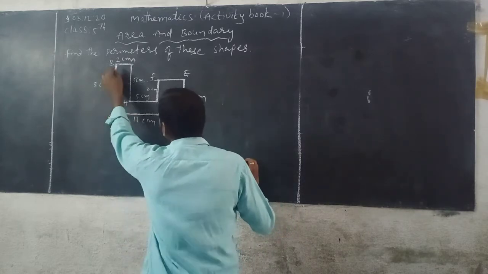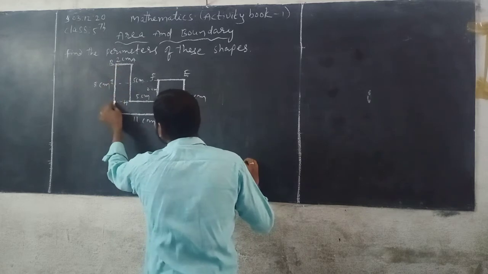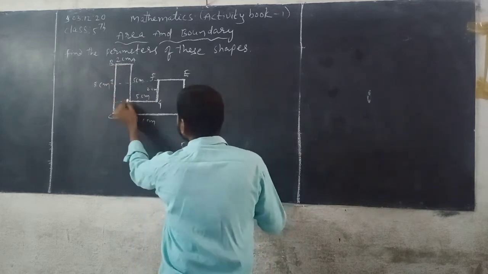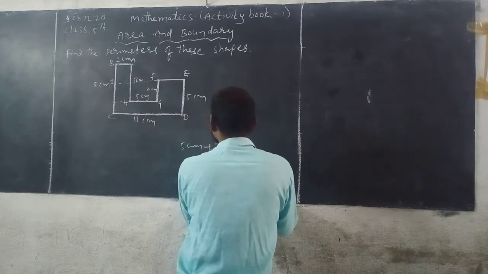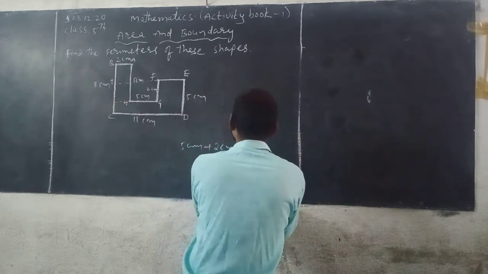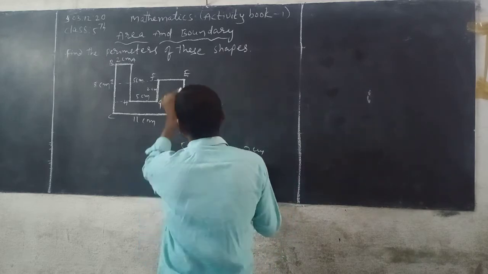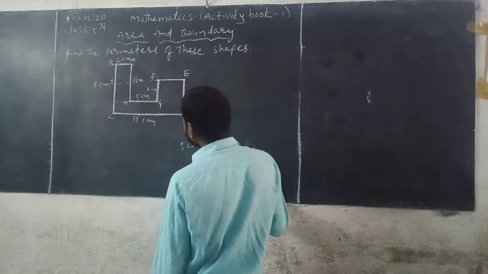So here 2 centimeters, automatically this is also 2 centimeters. Now you can write 5 centimeters plus 2 centimeters, you get 7 centimeters. Then you can find out EF.